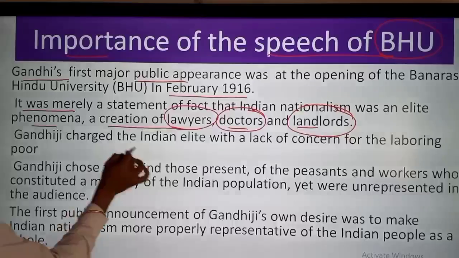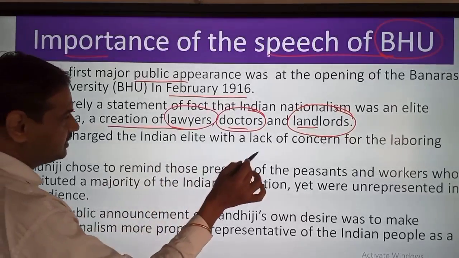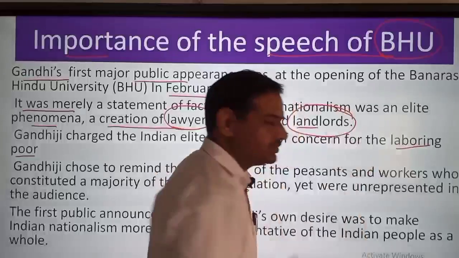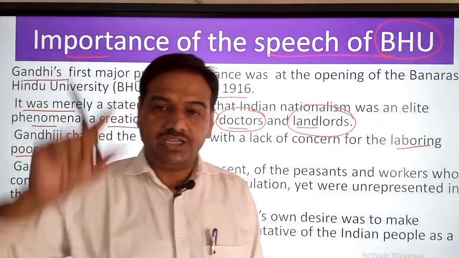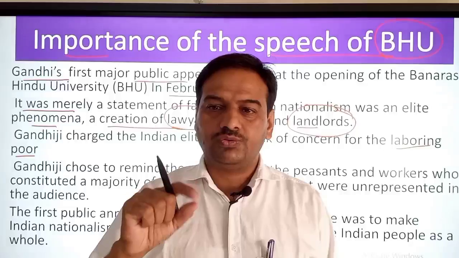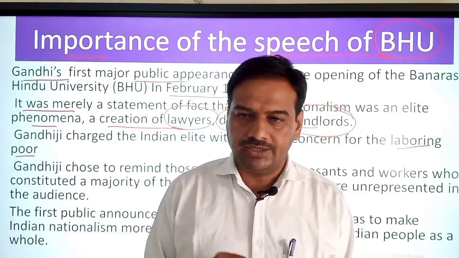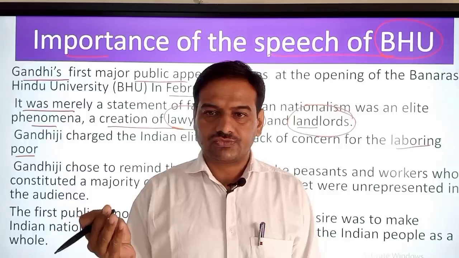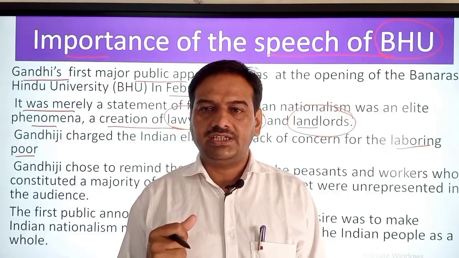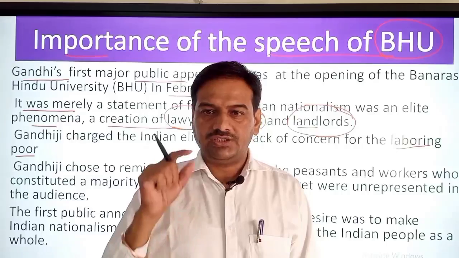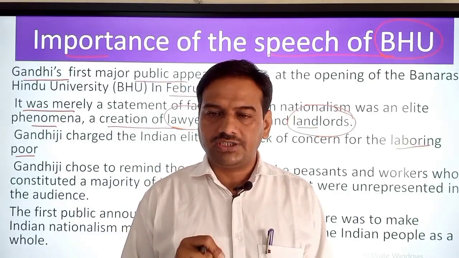Gandhiji charged the Indian elite with a lack of concern for the laboring poor. So when he reached BHU, at that time there were many great leaders who were very popular, who were towering leaders of their time, and these included Srimati Annie Besant. She was an Irish lady and she also started the Home Rule movement in India, and she was a towering figure in Indian politics.